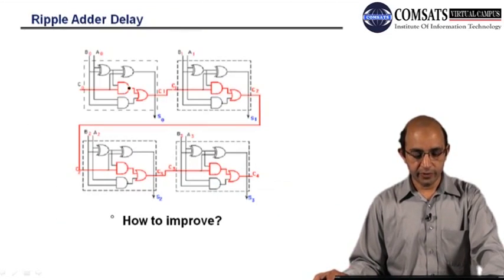So if we start from here, this has the delay, and then this will again have more delay, so it will have a ripple effect, right. So we have to handle this, right.